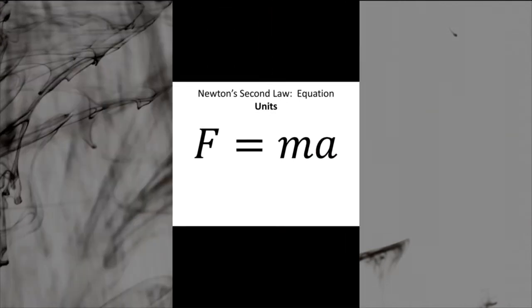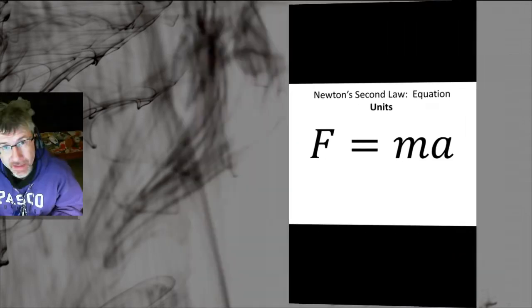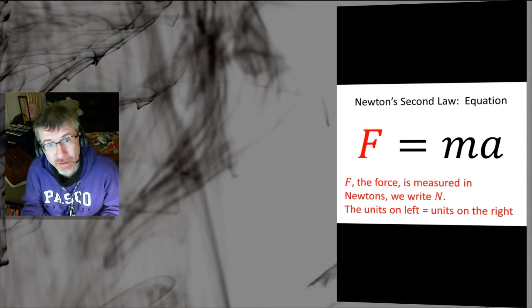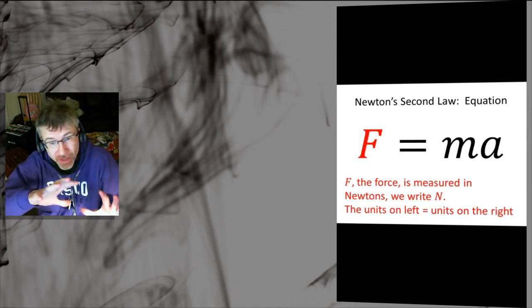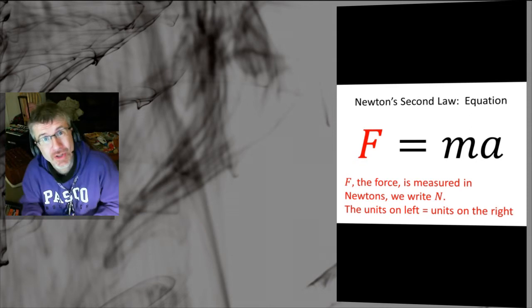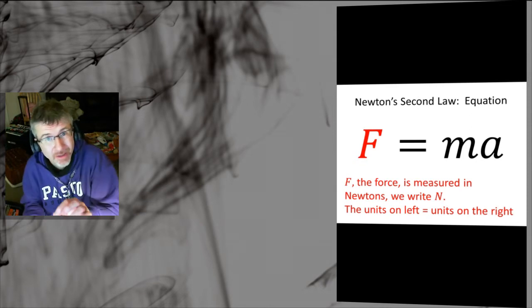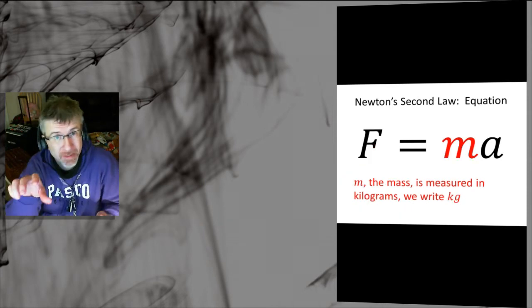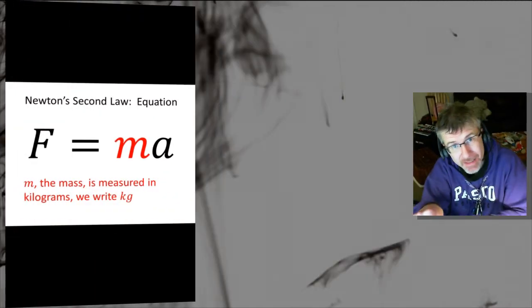Let's put it all together and talk about the units in the equation F equals ma. First, F is the force. It's measured in newtons. We write big N. In this equation, the units on the left are equal to the units on the right. M is the mass.